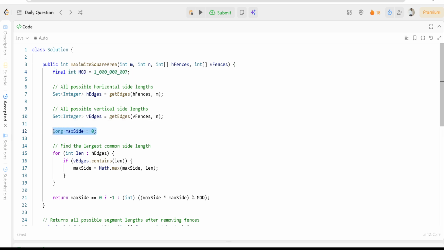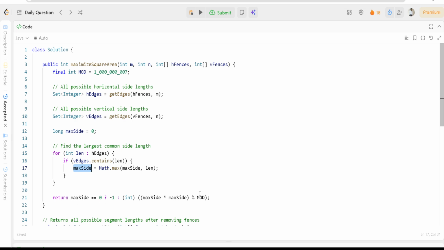Then we have to find the max side, from the horizontal edges' lengths and over the vertical edges, whichever is the maximum. If we find it, we know this is our common side, and it will become the max side as we iterate over the array.